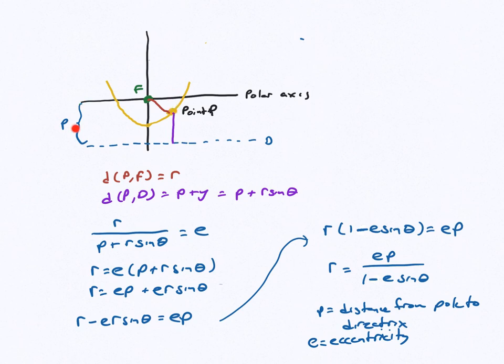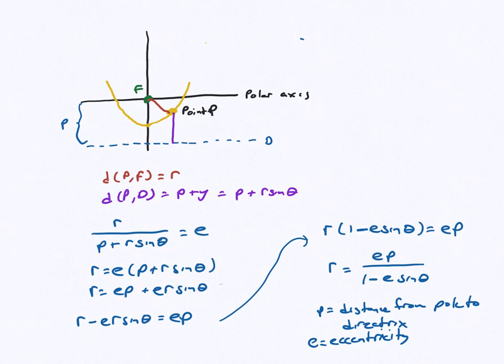So the whole distance is going to be P plus that negative number, which is going to give me that result. It's going to end up being the subtraction that's taking place. So that'll be P plus Y. The plus there is because Y is a negative number. And if I remember that in polar coordinates, Y is R sine theta. So this distance from point P to the directrix is equal to little p plus R sine theta.